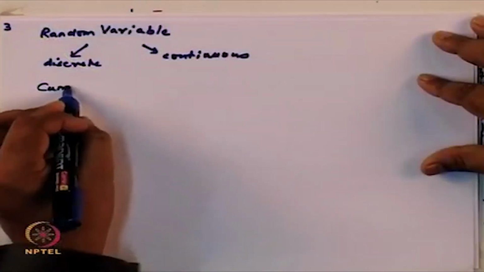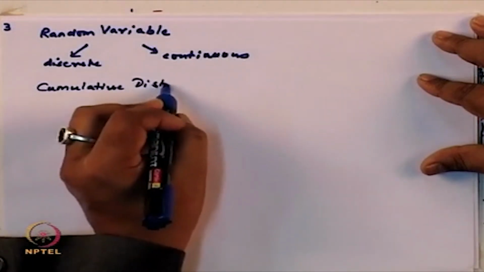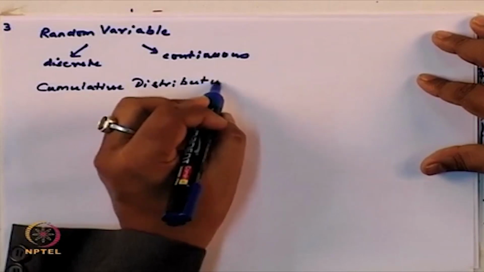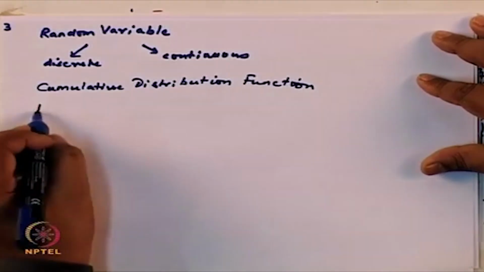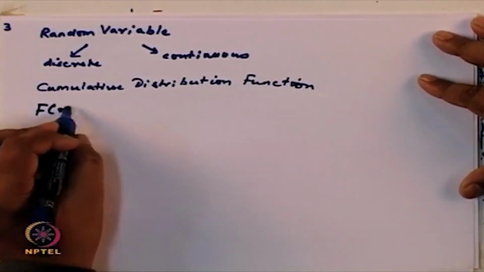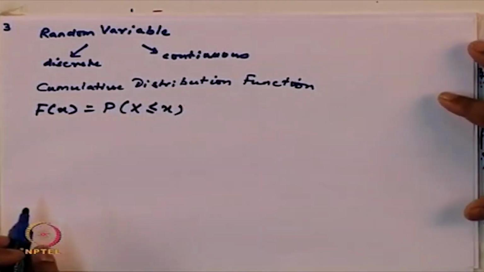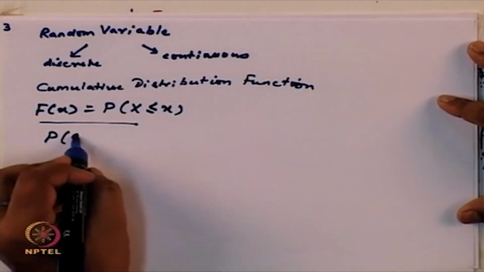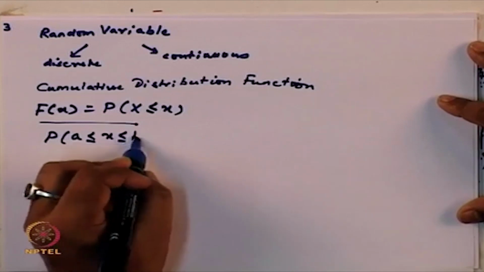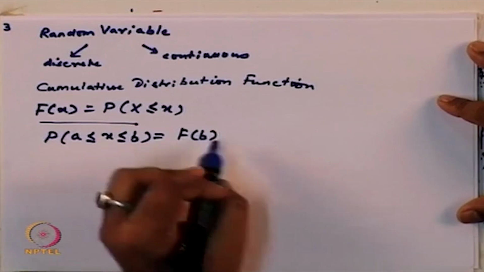Okay. So, we can define something called the cumulative distribution function. This is typically represented as F of x, and is defined by probability of x less than or equal to x. Okay. So, if we know F of x, then we can compute the probability of x between a and b, and this is nothing but F of b minus F of a.